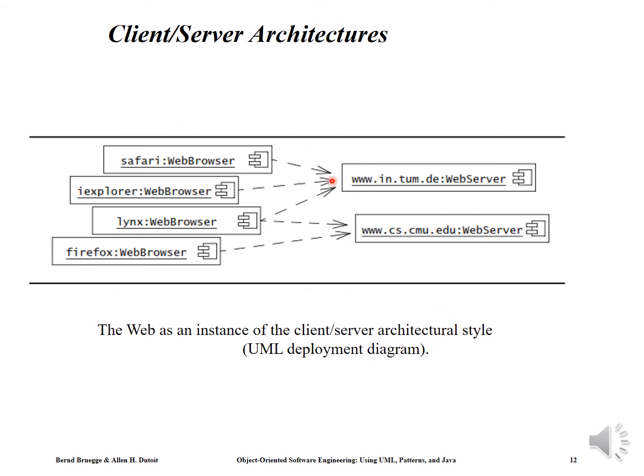This diagram shows the World Wide Web as a client server architecture style where a single user can access data from thousands of different servers at the same time. Client server architecture styles are well suited for distributed systems that manage large amounts of data.